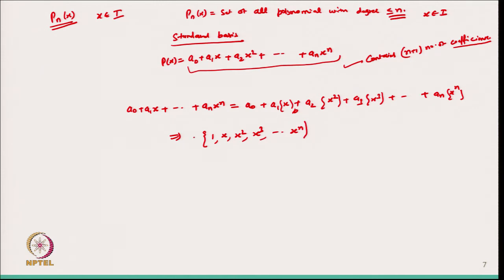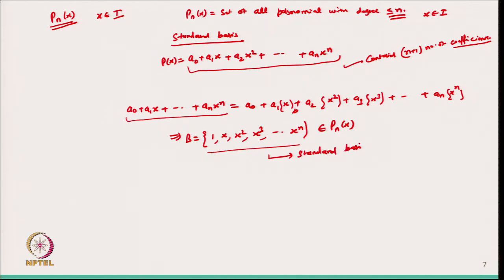So, this is a set, I call it P. So, this is a set that belongs to Pn(x), because 1 also belongs to Pn(x) and x also belongs to Pn(x), and if I take any element from this Pn(x), it can be written as a linear combination of these vectors, and this is the simplest one.